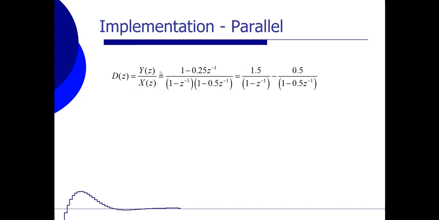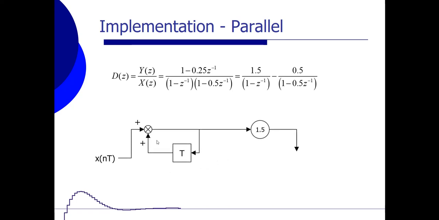Or we can say the output y equals the previous output, indicated by that z to the power minus 1, plus the input, and then multiplied with 1.5. And then we get this kind of an implementation. So we see this, which is x, the input, plus the previous output, which was indicated by the denominator, and then the result multiplied with the 1.5 over here.